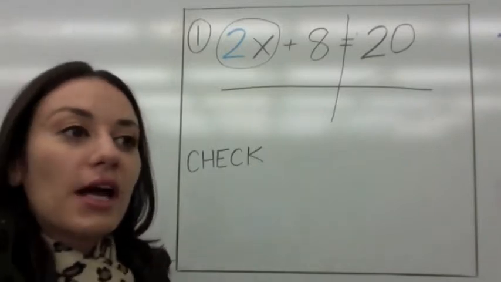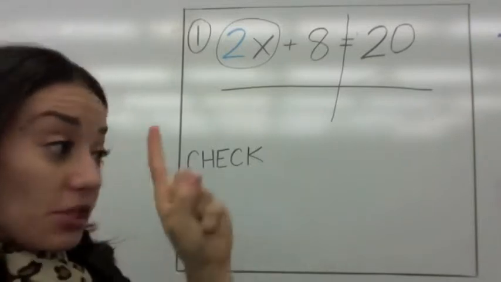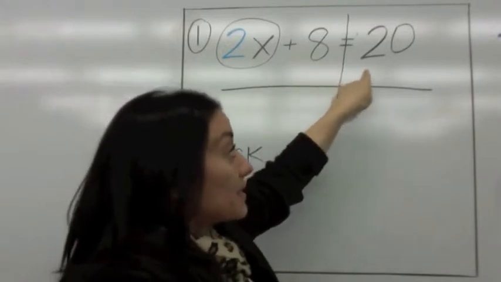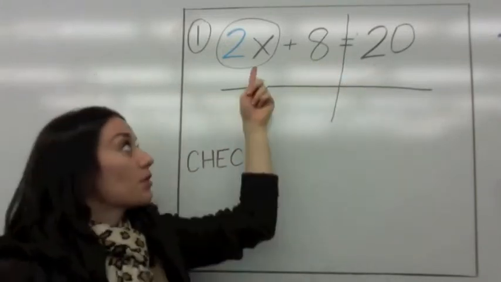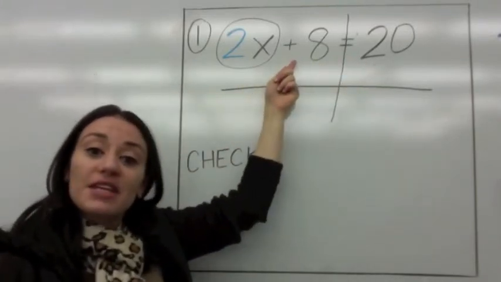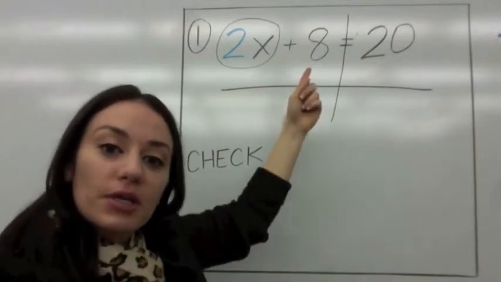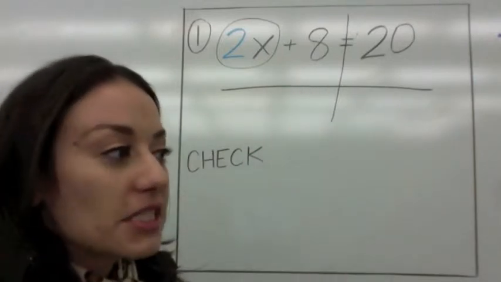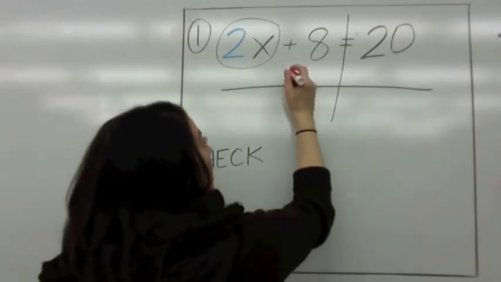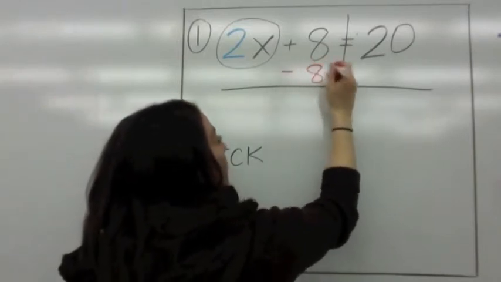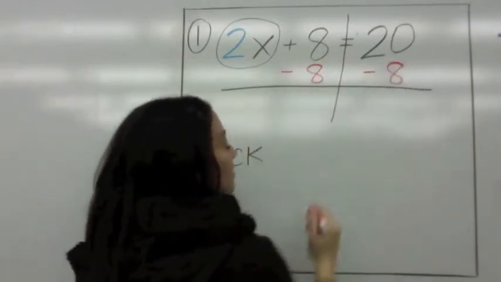Now we want to try and get x by itself. The way that we do that is first, we do the opposite to both sides. Now we circle the 2x so that we know the number next to 2x. What number is this? It's a positive 8. What's the opposite of a positive 8? It's a negative 8. I'm going to make the negative red so you can see the difference.